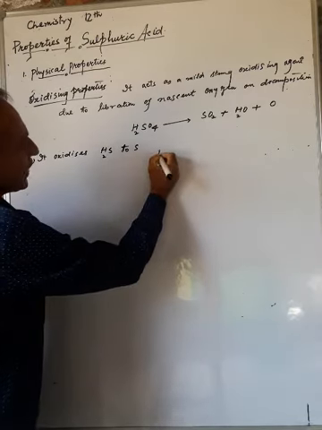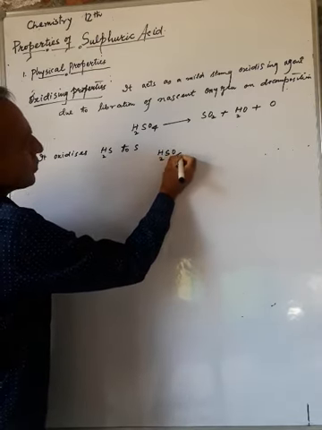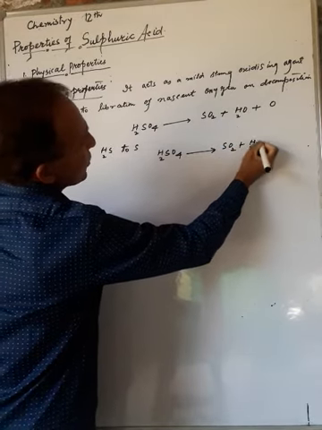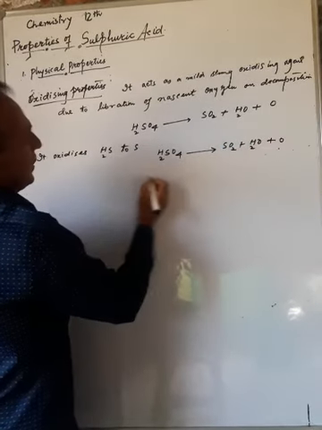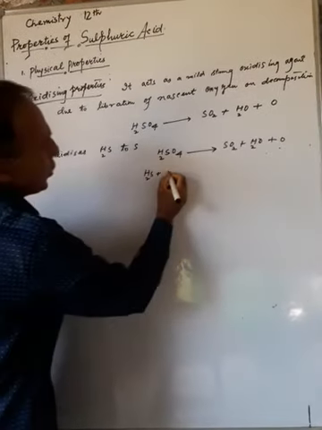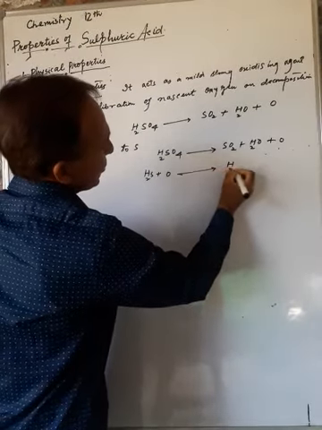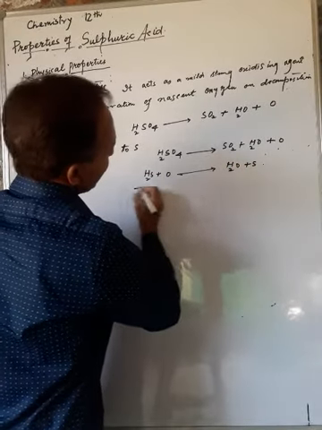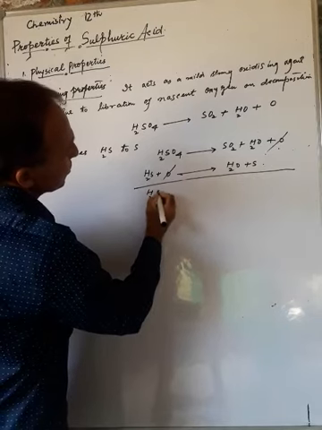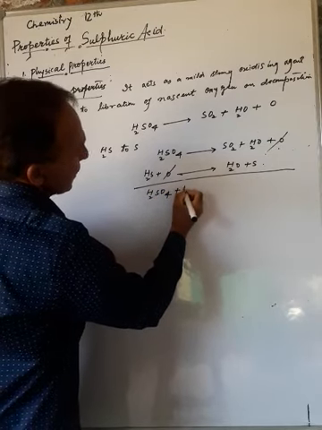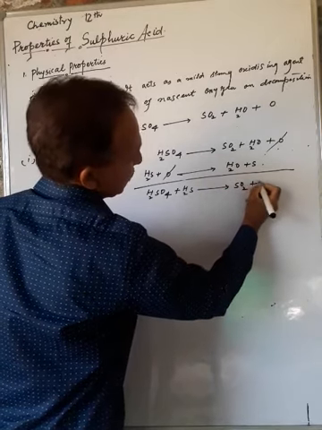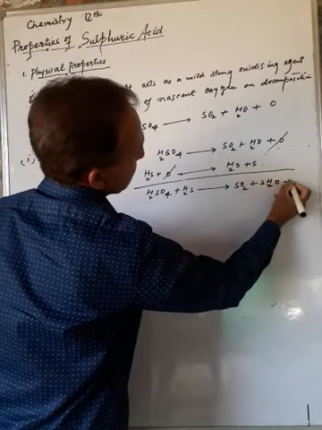So we have the reaction H2SO4 gives SO2 plus H2O plus O. Now H2S plus O gives H2O plus S. The overall reaction will be, with the oxygens canceling, H2SO4 plus H2S forms SO2 plus twice water plus S.